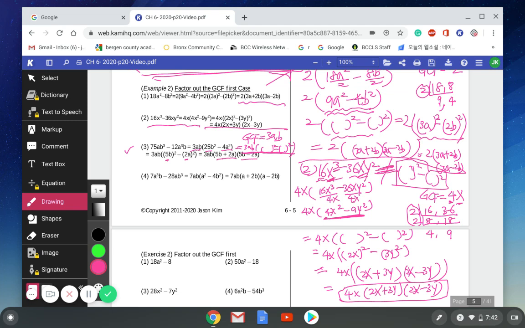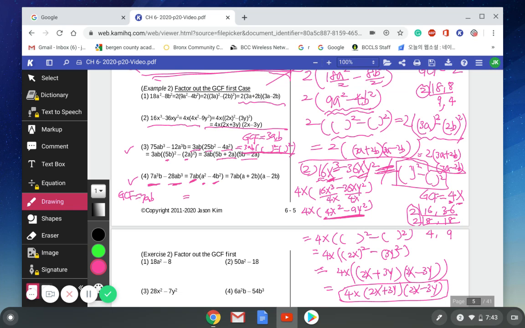Okay? And number 4. Two terms, looks complicated. You cannot translate this directly into a difference between two perfect squares, but what I found out was there is a GCF, which is 7 and A and B. So take 7AB out, divide each one by 7AB, and you end up with A² minus 4B².